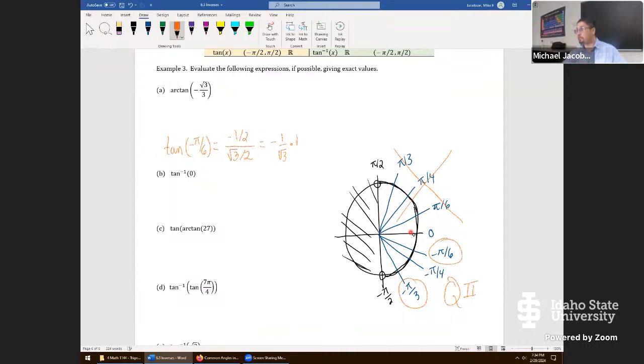You want to multiply by root 3 over root 3, because when you do that, the numerator looks like this thing, negative root 3. And so does the denominator. It comes out as a positive 3. That means it looks like we're on the right track with that thing. And it also means we have the answer. The answer is this, negative pi over 6.